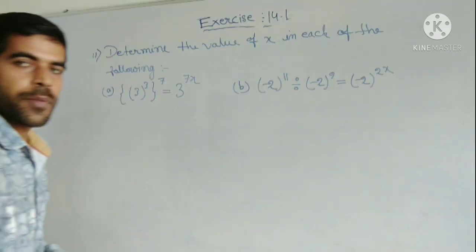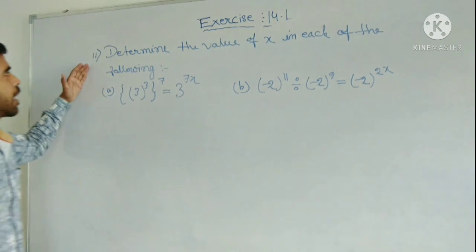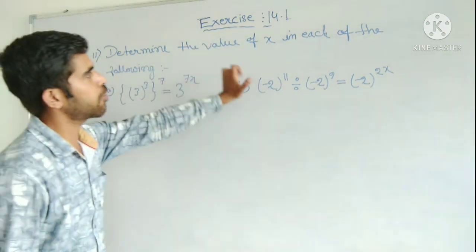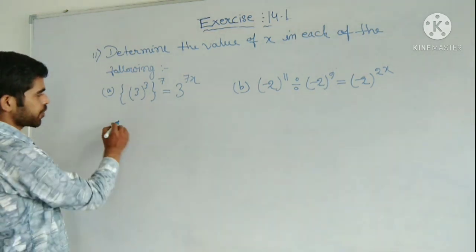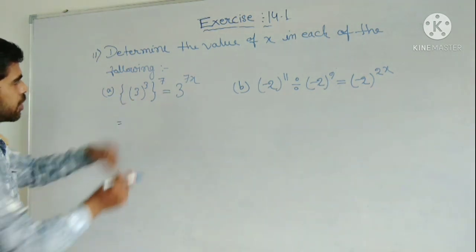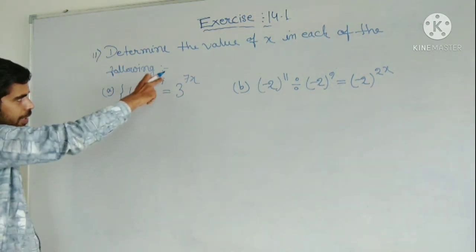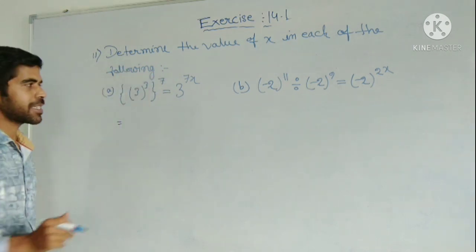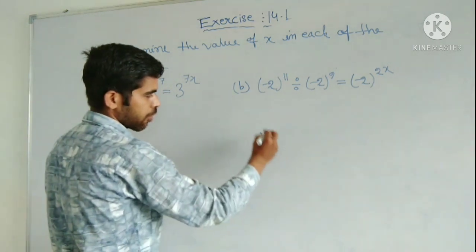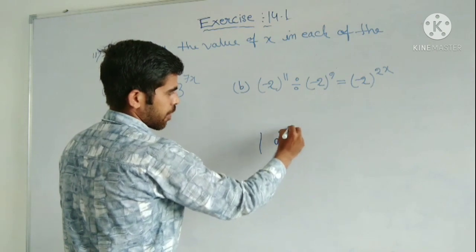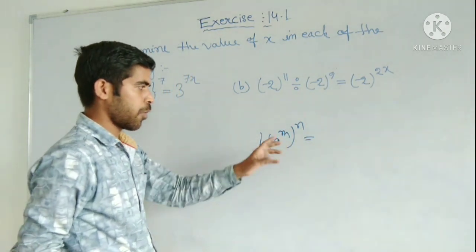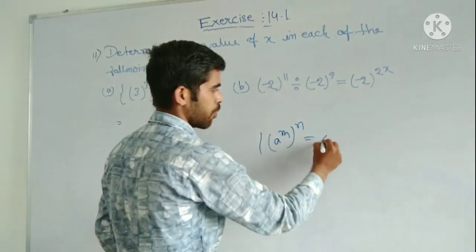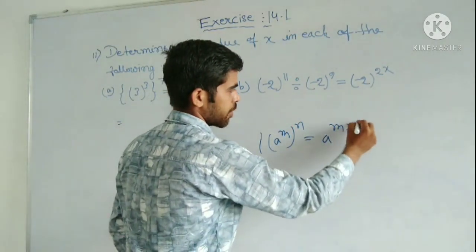Okay. Now see question number 11. Determine the value of x in the following. So see, there 3 to the power 3 again bracket given, exponent given 7. So according to laws of exponent, if x to the power m whole bracket again power have, then you multiply this power, that means exponent you have to multiply.